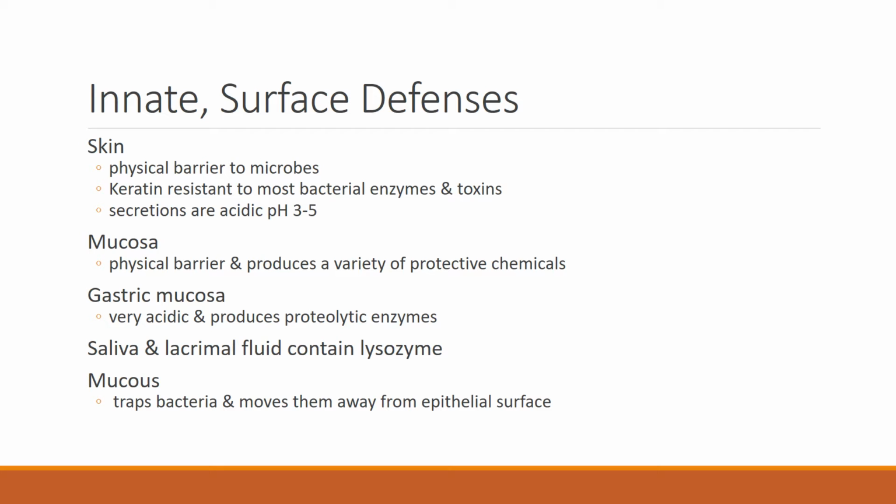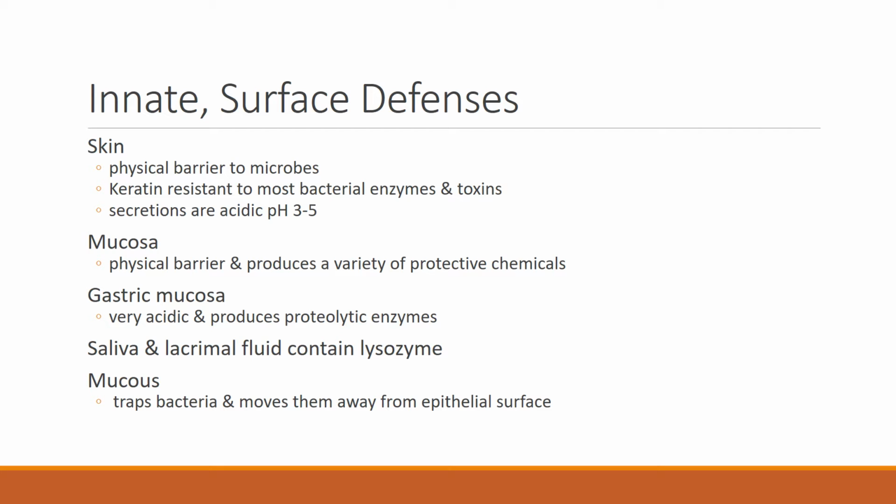There is also keratin, a water-insoluble protein that helps resist penetration of bacteria and toxins into our skin. The secretions also have a low pH, and we'll see this again, where acidic environments help degrade bacteria and break down their cell walls.